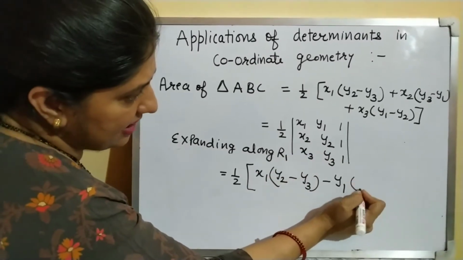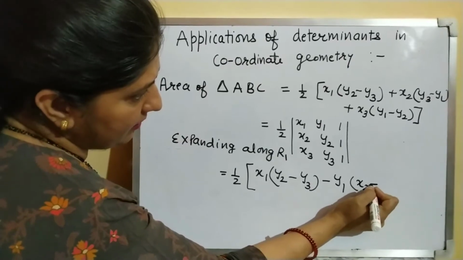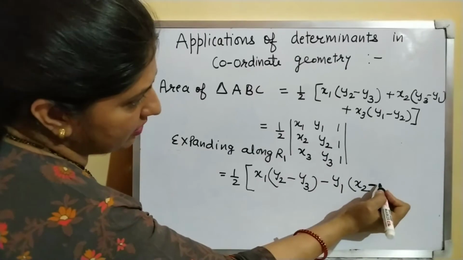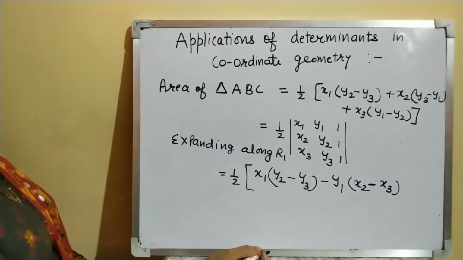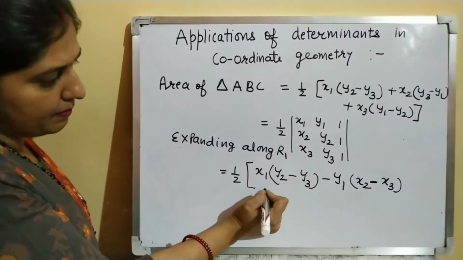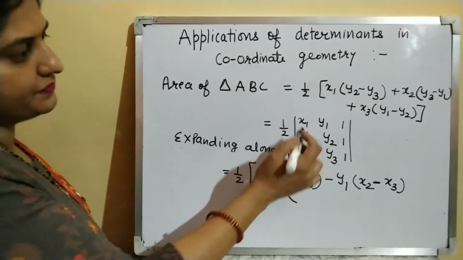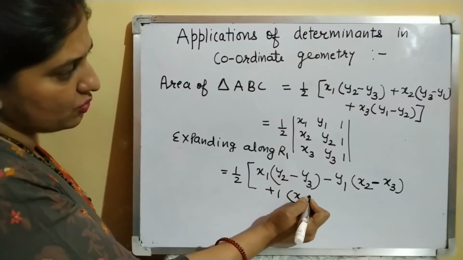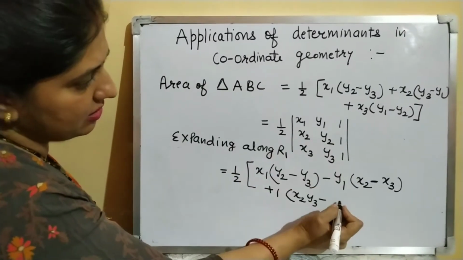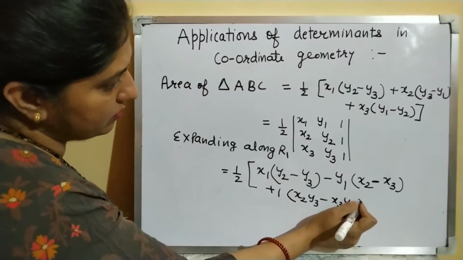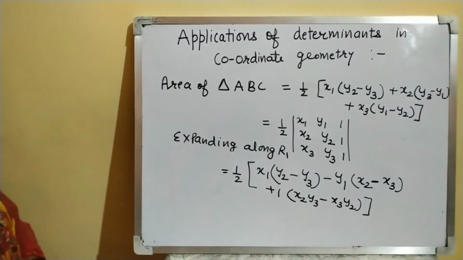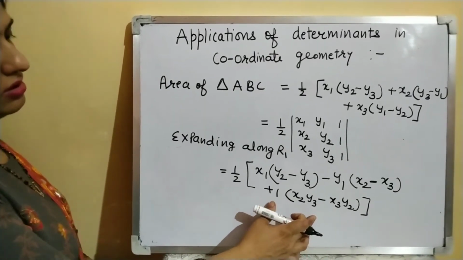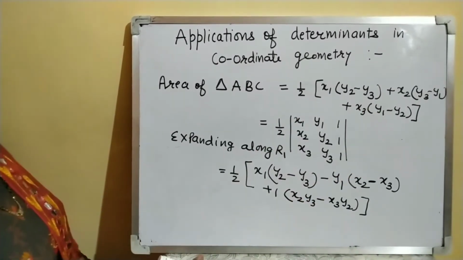We get x2 into 1 x2 minus x3 into 1 x3. Now last term is plus 1 into delete first row and third column. We get x2 y3 minus x3 y2. Now just rearrange this expression according as above expression.